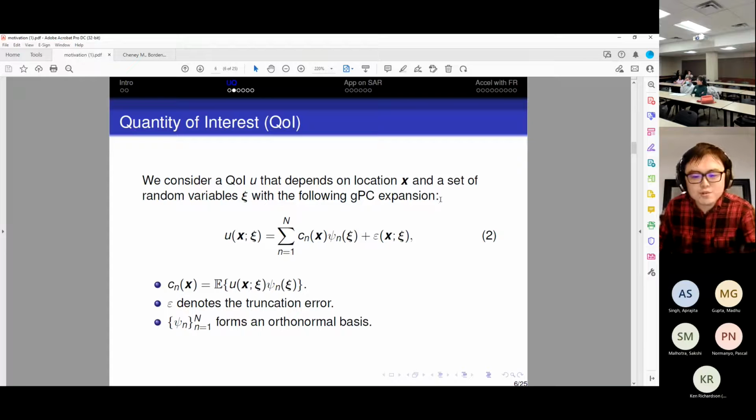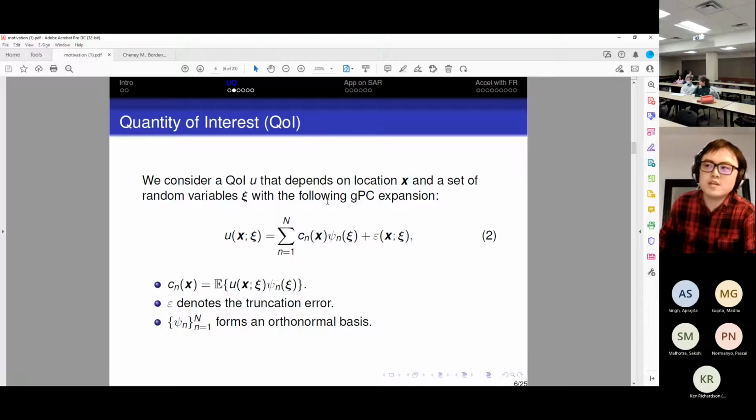I project them onto the basis I choose, and I find the coefficients for the system under that basis.